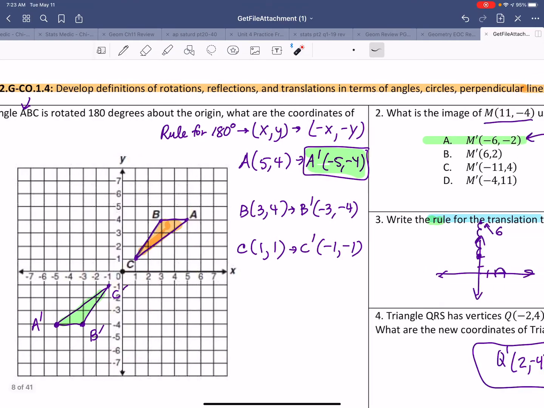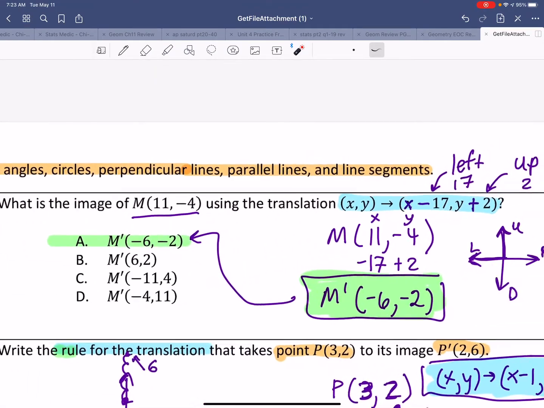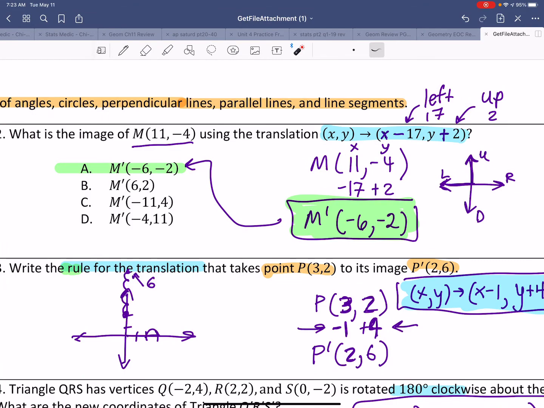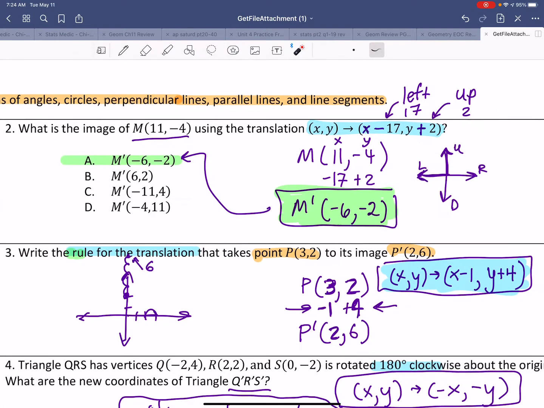Okay, question number 2 says, what is the image under the translation? So we want to remind you that when we translate an image, if they give us the rule, we do exactly what they're asking. So they said take x and subtract 17, then take y and add 2.